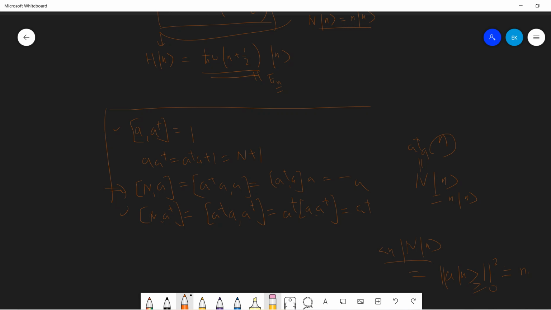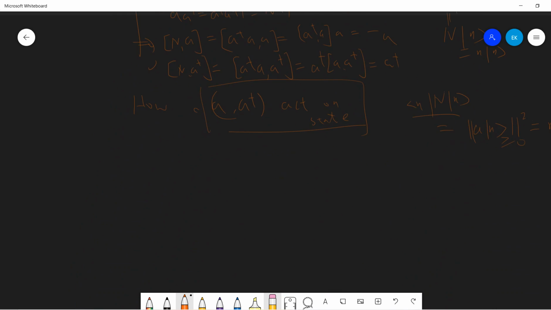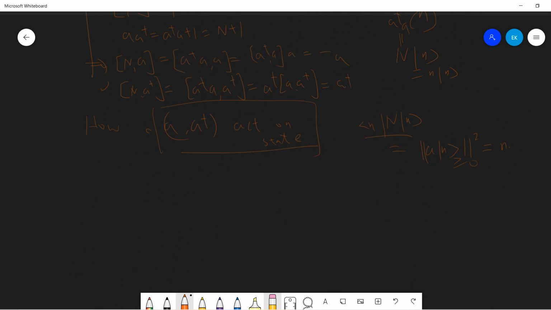Okay, the next thing is that we are going to prove how a and a Dagger act on states. So I think this is probably the final section: how a and a Dagger act on states.